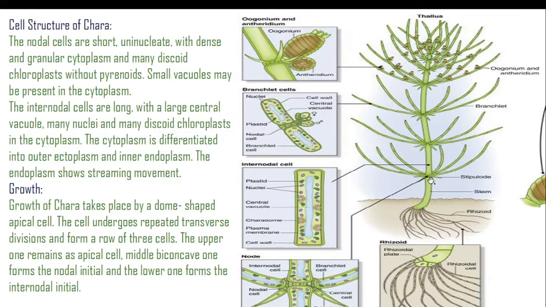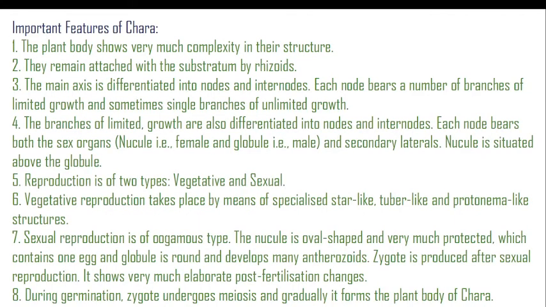These are the stipules. This one is the internodal portion. This one is the nodal portion, and on that nodal portion there is a development of branchlets which possess limited growth, while these branches also show a development of oogonium called nucule and globule, that is an antheridium. So in this way, Chara has its own complete thallus structure.